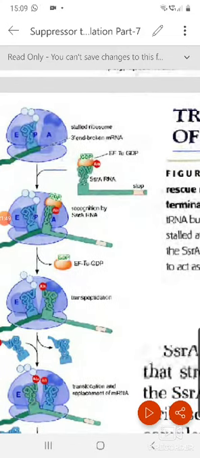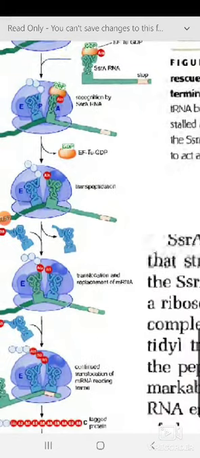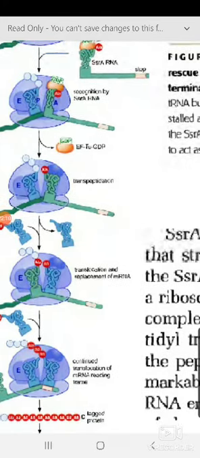It will take the help of, if you remember, the elongation factor, GTP to GDP, and after that regular protein synthesis will go on with the help of the mRNA portion of the chimeric RNA, and when it encounters a stop codon, it will stop translation by the normal mechanism.